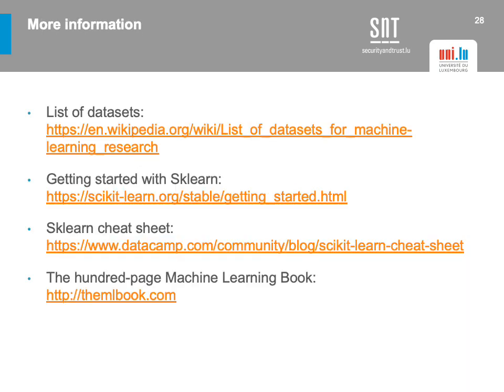Okay, so here is a list of some links that can be useful for you. On Wikipedia, there is a list of data sets, which can be useful if you are wondering what the different types of tasks are and what data sets are available to play with. The documentation of scikit-learn, the main Python library of classical machine learning, is a good place to start. You also have a cheat sheet of scikit-learn, so it's better to take a look at the documentation and be a bit familiar with it, and then you can use that to quickly recall what you will learn.